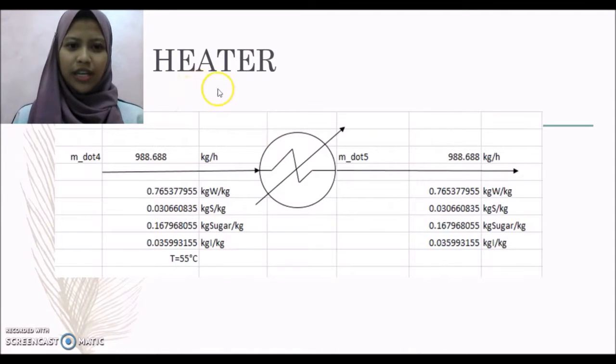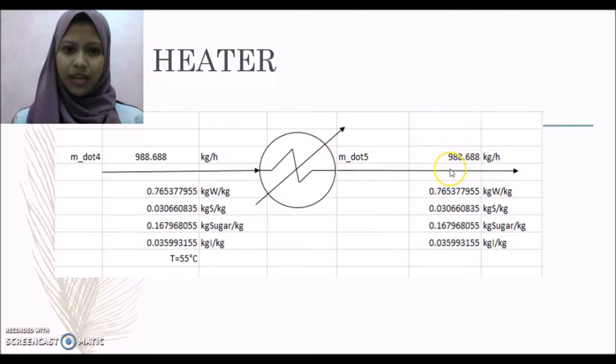Next, we go to the heater process. The input for the heater comes from the extractor, and we use a temperature of 55 degrees Celsius. The output from the heater is the same as the input, 988.688 kg per hour, and the composition is also the same.